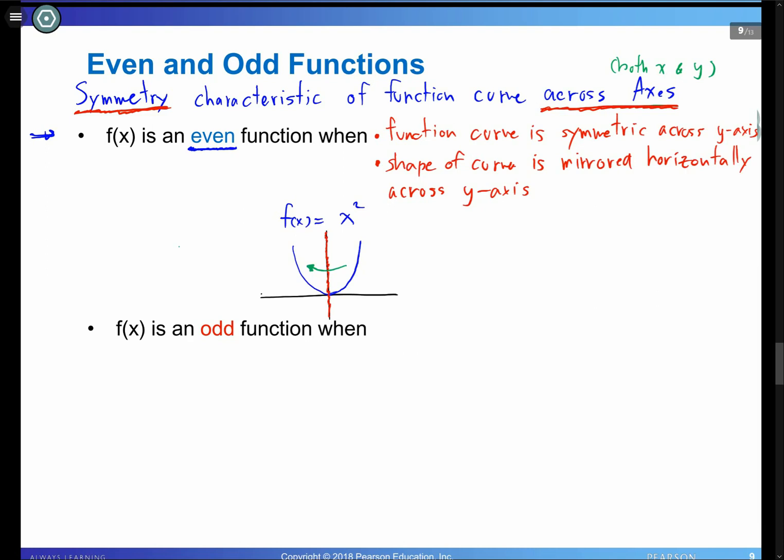And that's why I say that it's the mirrored version horizontally of each other. So here, symmetric. From this I know that I flip once, I get the symmetry. So this is symmetric horizontally, which means that, hey, this is for sure an even function. Okay, that is the first example.